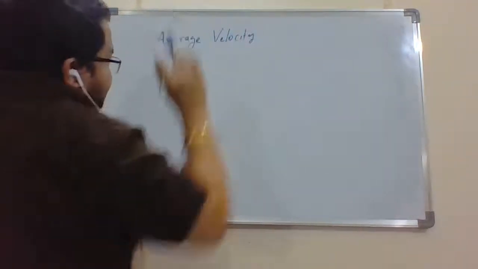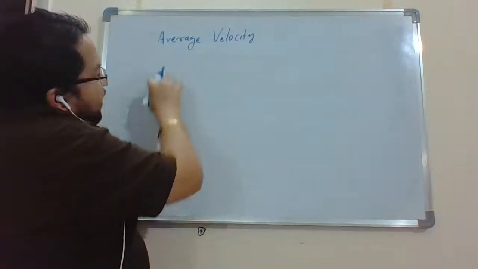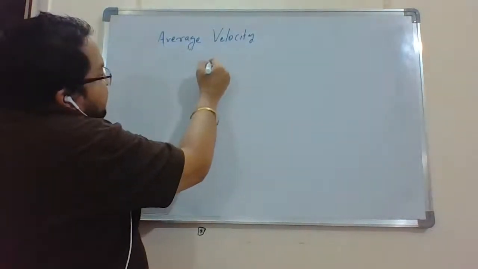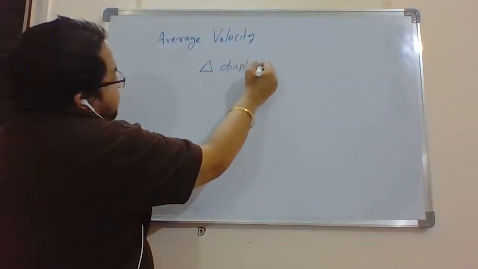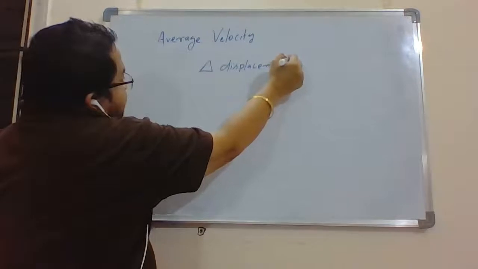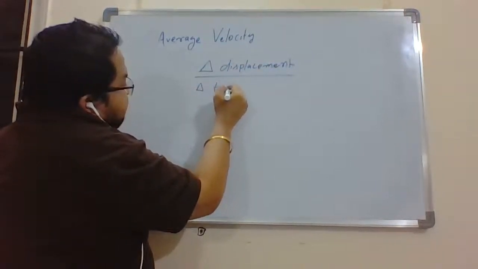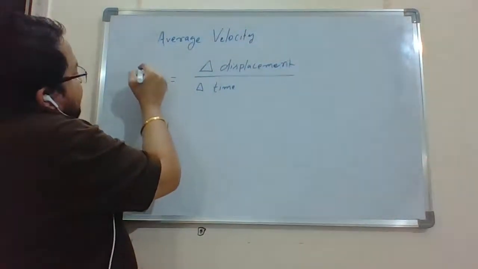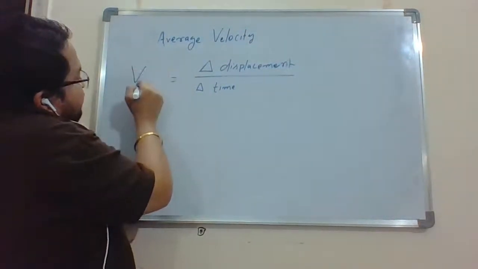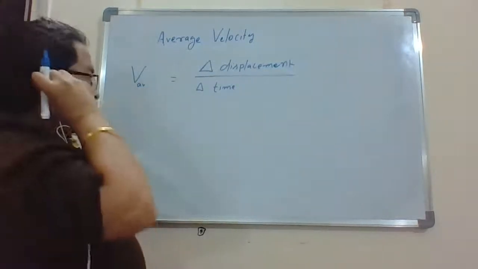Average velocity is defined as the change in displacement over change in time, or V average equals change in displacement by change in time.